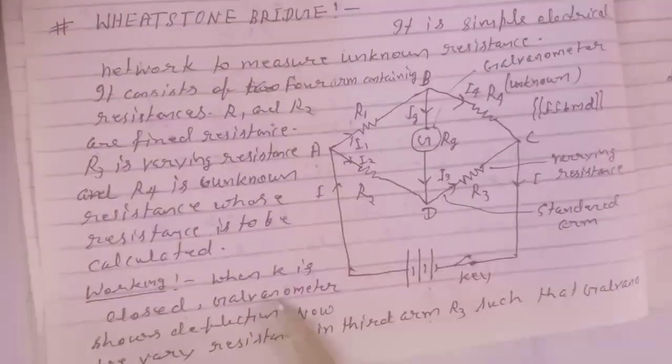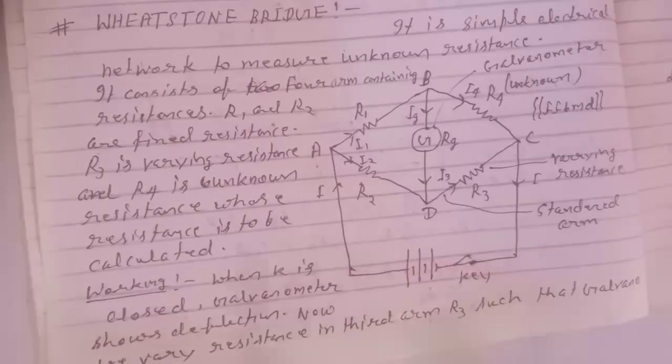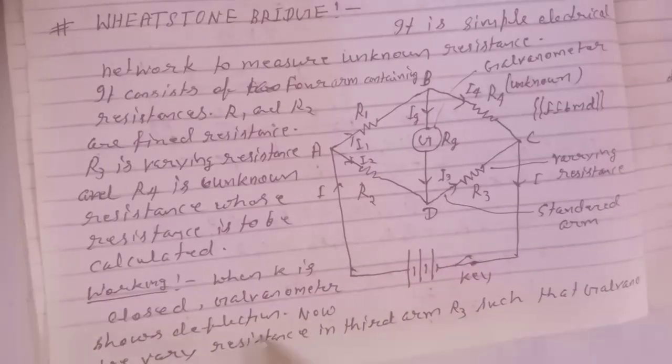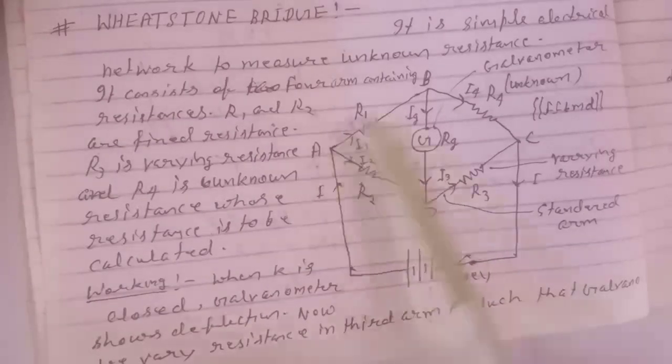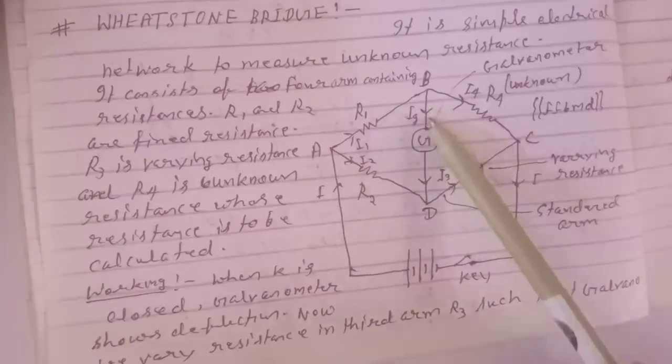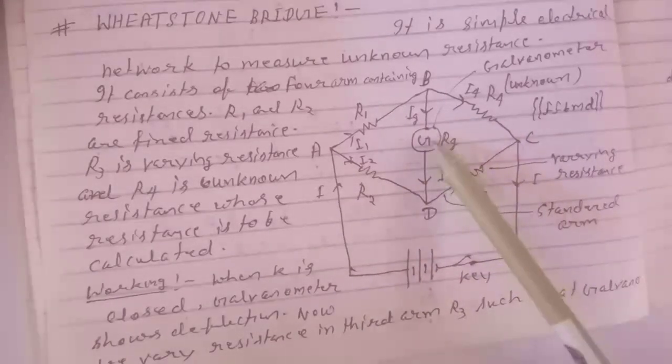Now working. When K is closed, the galvanometer shows deflection. If we close this K, then current will be distributed, and because current is flowing through this galvanometer, it will show deflection.